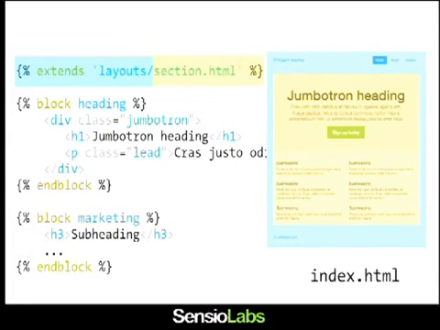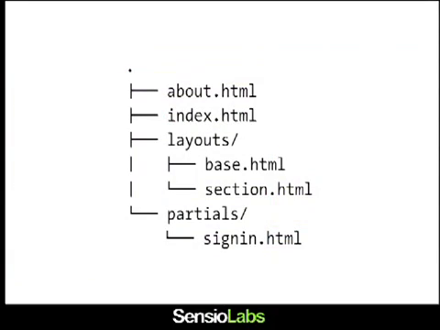So I have this whole structure, and then I'm not going to define the body block because it's defined in the section 1 template. I'm just going to say, okay, in the heading, this is the content. In the marketing, this is the content. So that's why I have a layouts directory here, because I can have more than one layout, and a layout can extend another one.